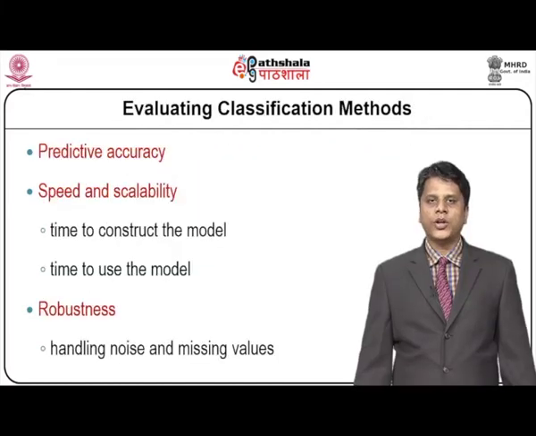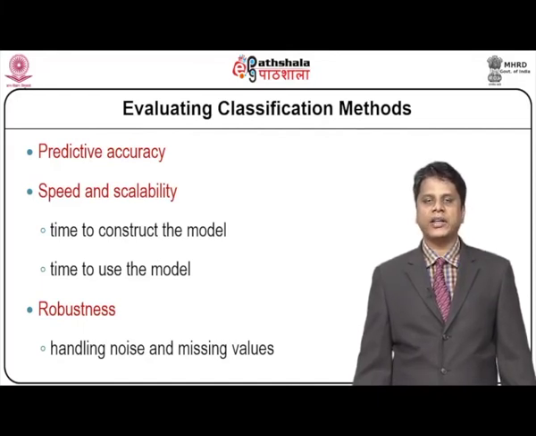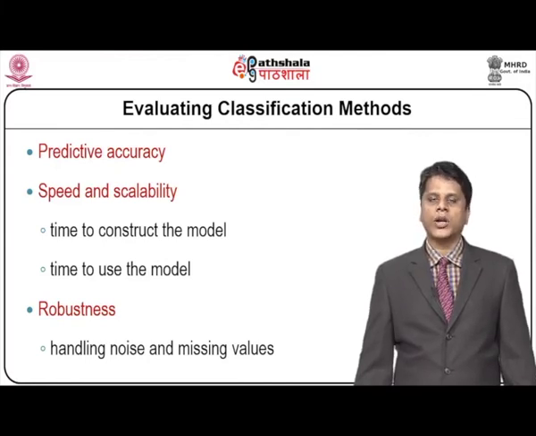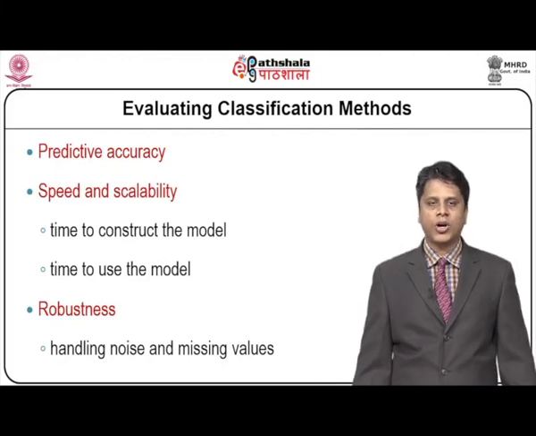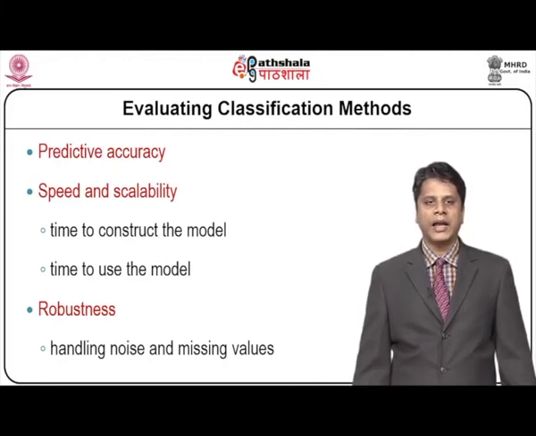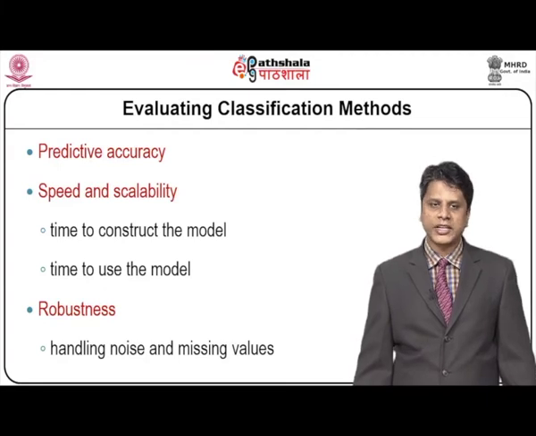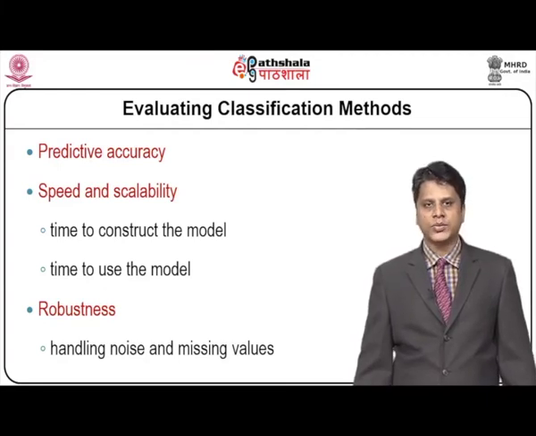To evaluate classification methods, we have different evaluation strategies. One is accuracy, the predictive accuracy. Then, what method produces the maximum speed and scalability. Within speed, we try to understand the time to construct the model and the time to use the model, and the model should be robust enough to handle noise and missing values.